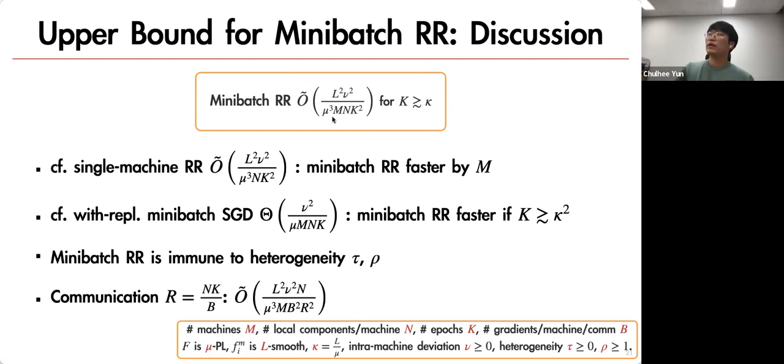Okay, so we can alternatively write this convergence rate in terms of the number of communication rounds R. If we make the appropriate conversion to make this into a rate in R, then we can see that there's a B squared term. So the number of communication rounds actually decreases with increasing batch size B. Okay.